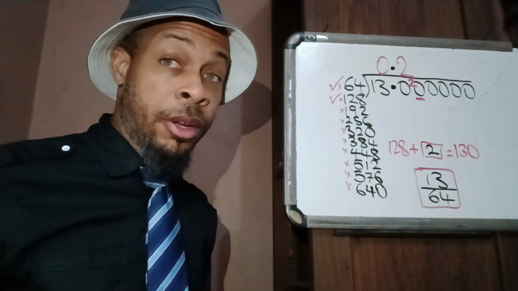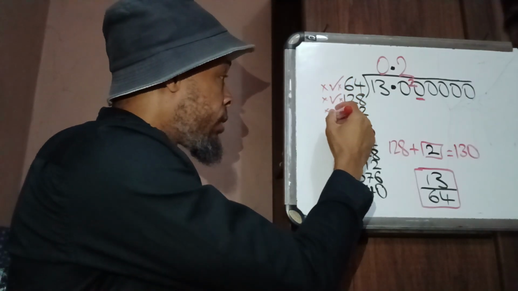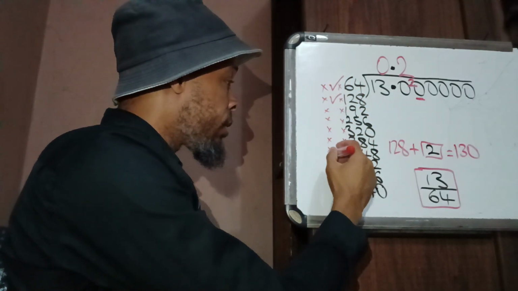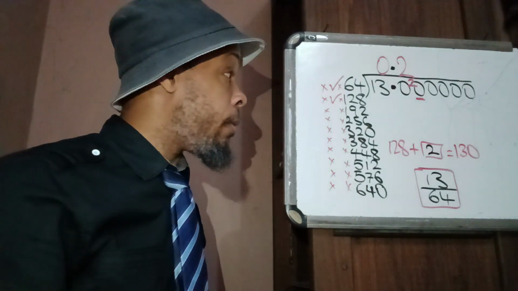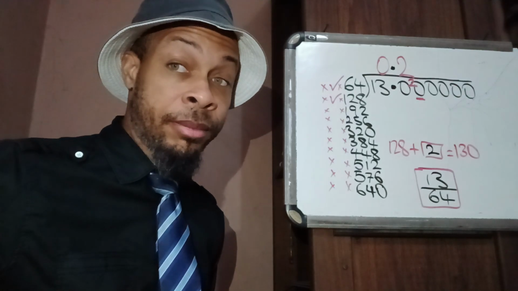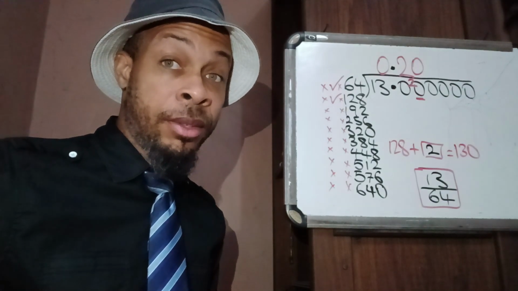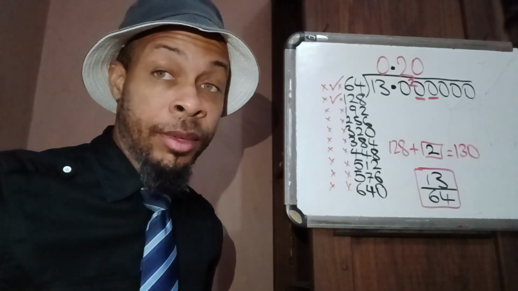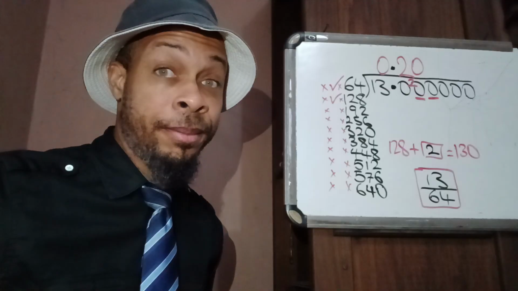Now that we're focused on the number 20, that means that 0 goes above our 20. I'm hoping we're making sense. Now we underline the next 0, or the subsequent 0.